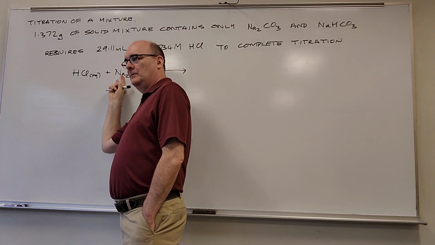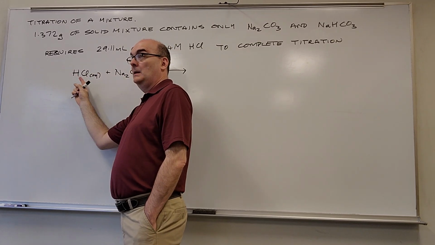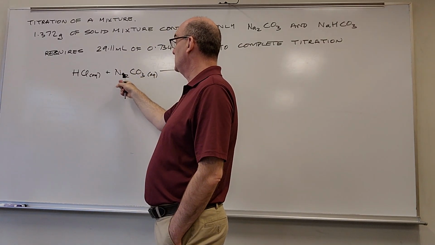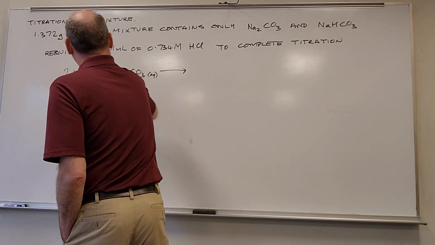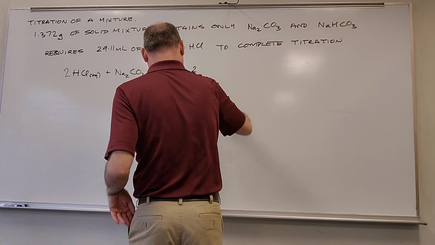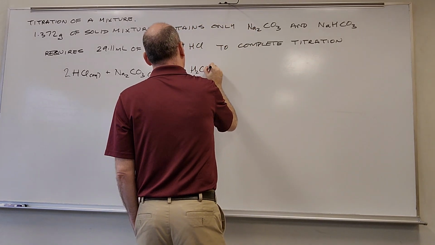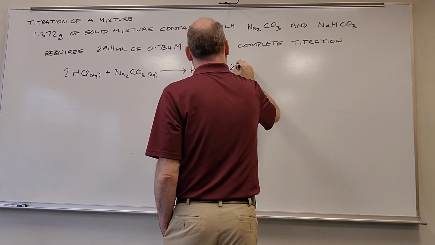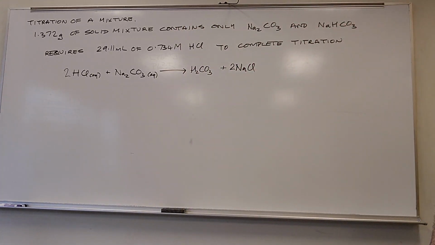Both are ionic: Group 1, Group 7, Group 1, so 2 plus 1 cations and a 2 minus anion. I need 2 of those. It makes H2CO3 and 2 NaCl.